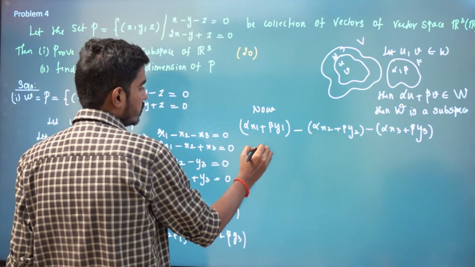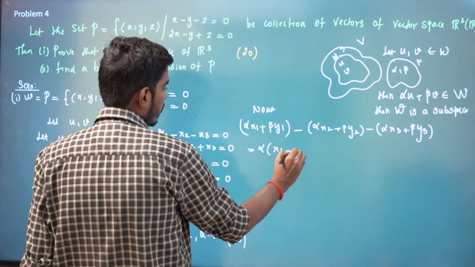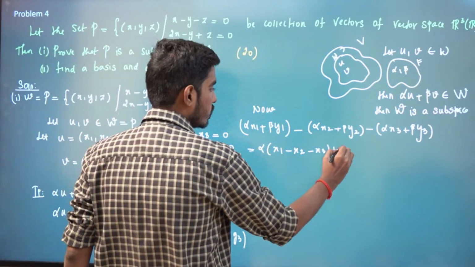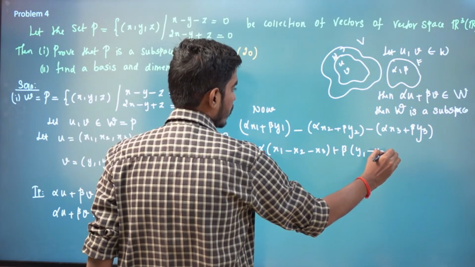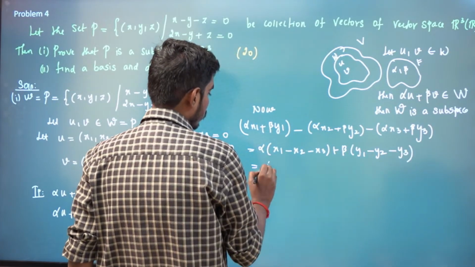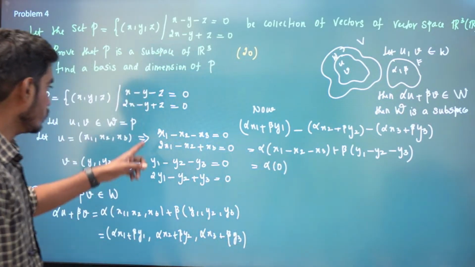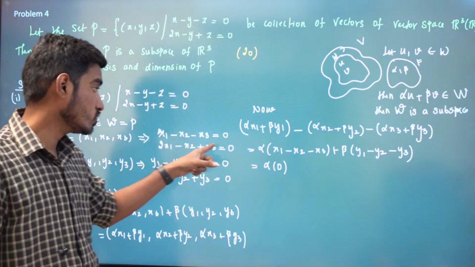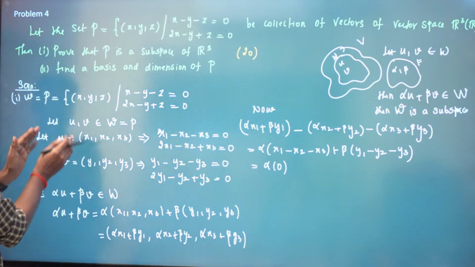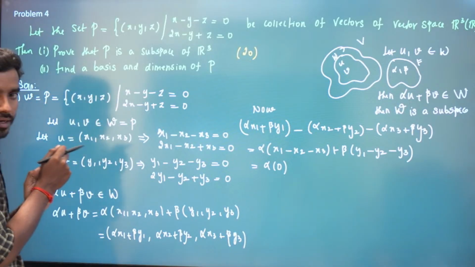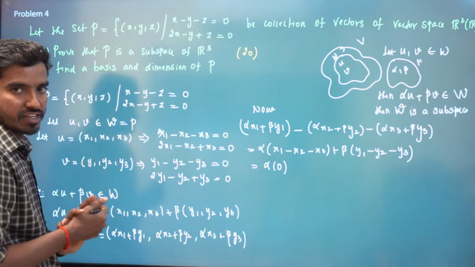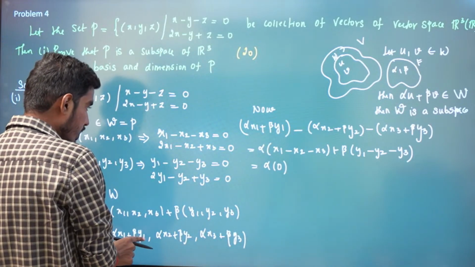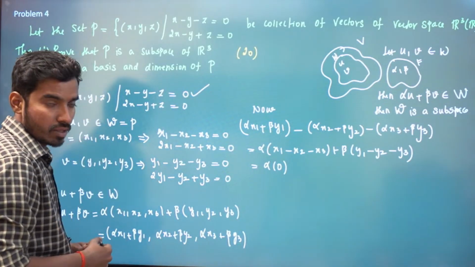This is equal to alpha times (x1 minus x2 minus x3) plus beta times (y1 minus y2 minus y3). Now this is 0, because we know x1 minus x2 minus x3 is 0 and y1 minus y2 minus y3 is 0, since we have taken u, v from the set. So this vector satisfies the first equation.